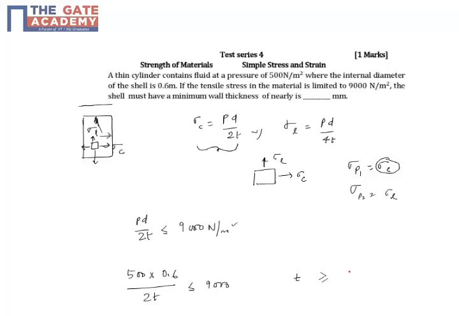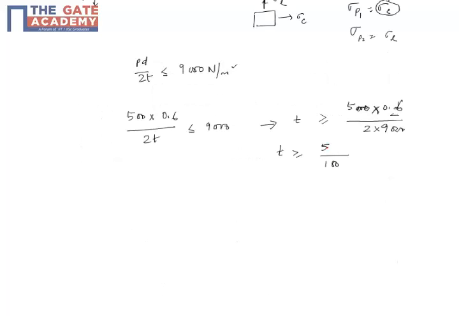So the thickness has to be greater than, from this equation what we can write, 500 into 0.6 by 2 into 9000. So that means thickness is 500 by 18000, basically into 0.6.